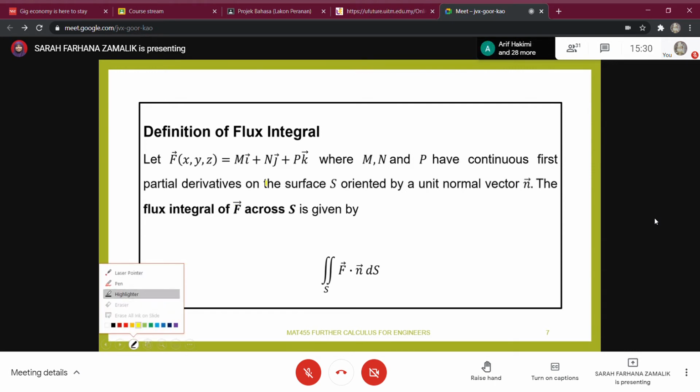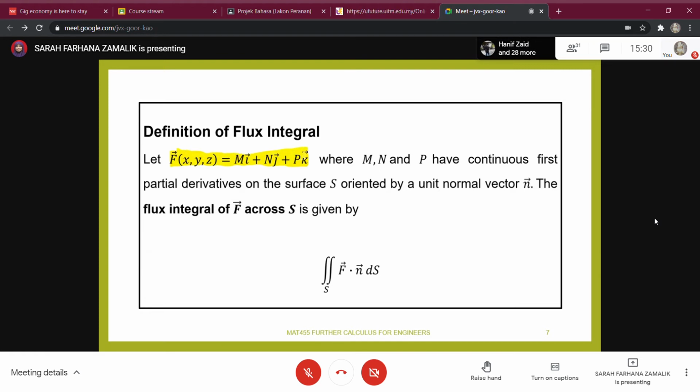So surface integral tadi, yes, kita ada definition of flux integral kat sini. So now this is your flux integral of vector field F across the surface S. So you are given your vector field F, which is in space because we have ijk vector here. So you know this one is surface integral, vector field in space, ada x, y, z. So that's why ada ijk vector here.